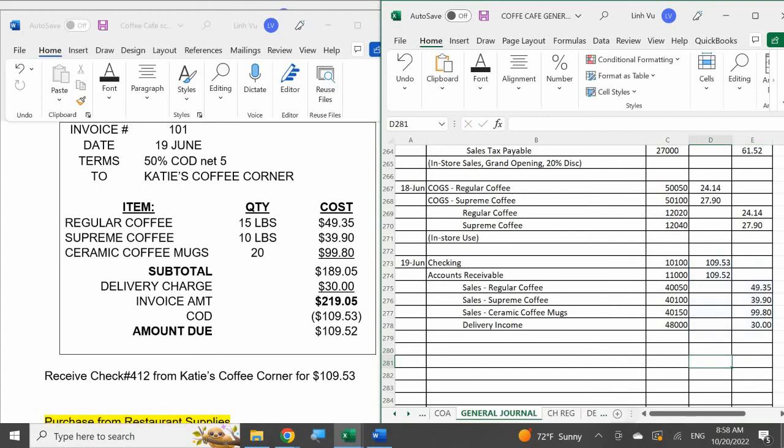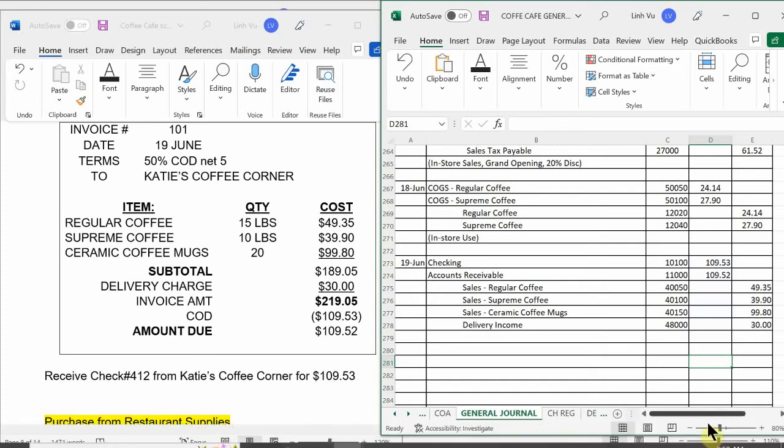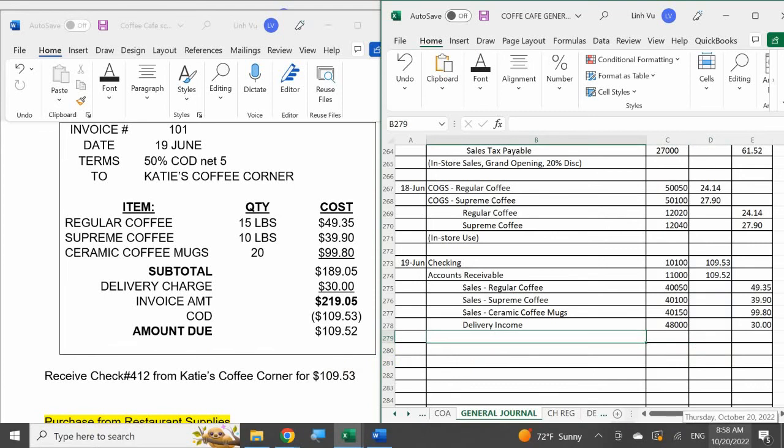We have plenty enough information to fill out the description. So who did we sell to? Katie's Coffee Corner. What was the proof of the transaction?